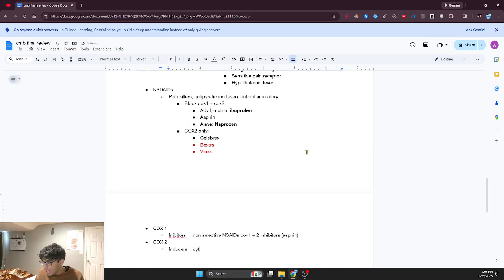Inducers are cytokines, growth factors, TNF alpha.